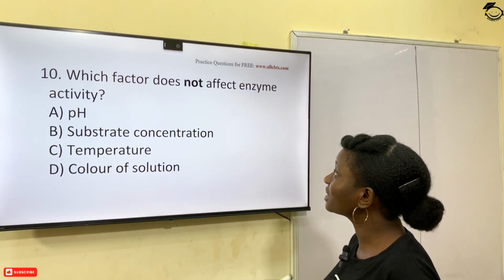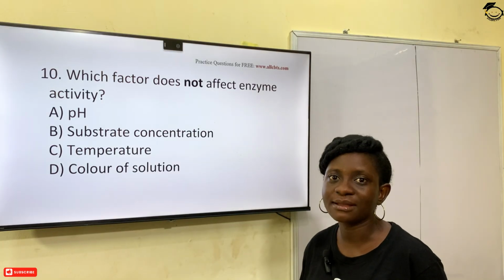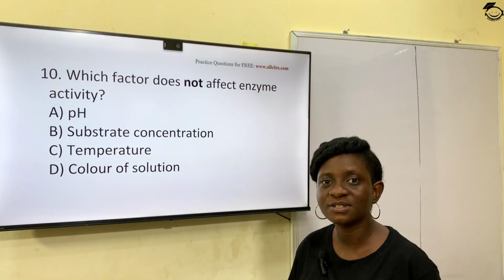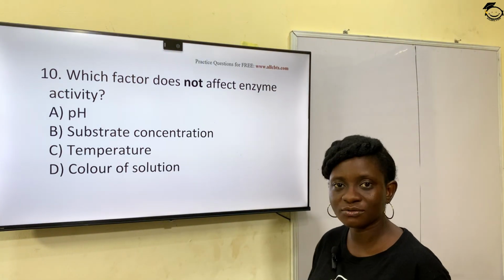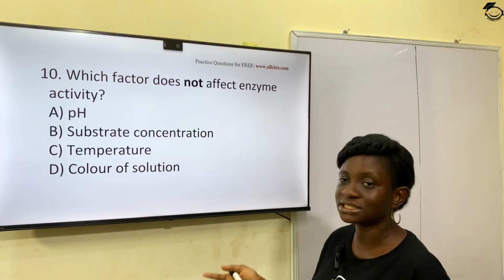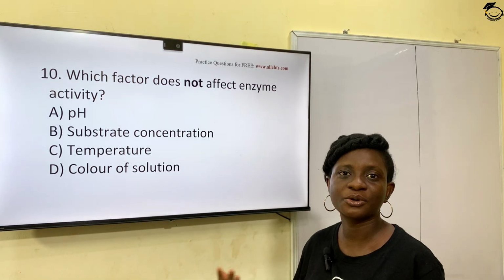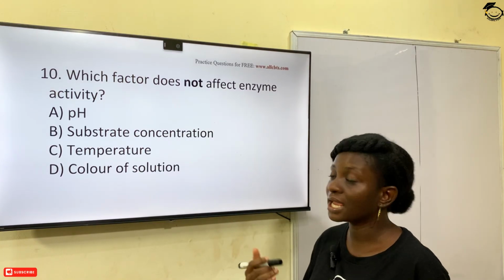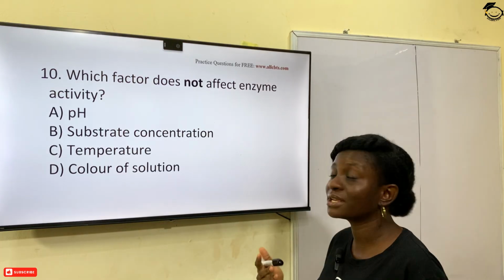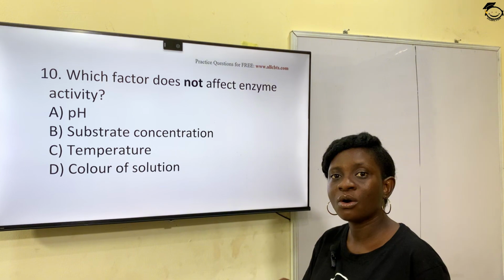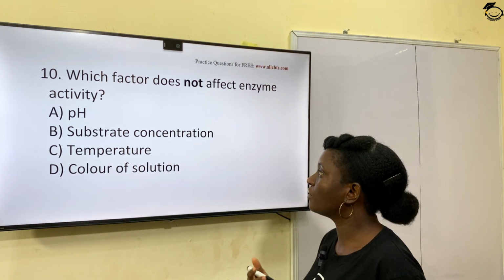10. Which factor does not affect enzyme activity? A, pH, B, substrate concentration, C, temperature, D, color of solution. So which of these listed in the options does not affect the rate of reaction? pH affects the rate of reaction, that's the alkalinity or acidity of a substrate.